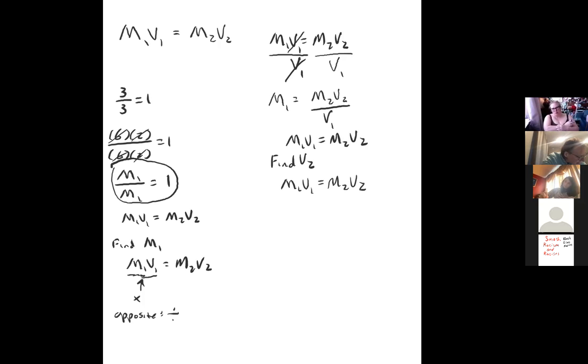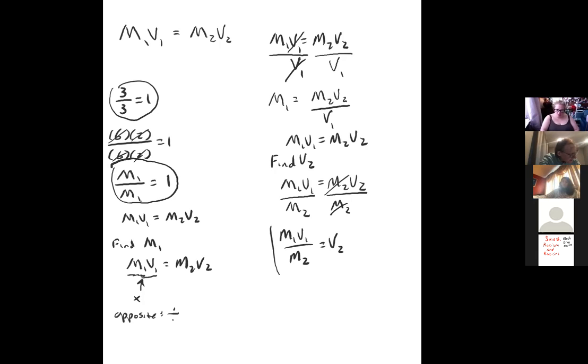It's multiplied by M2. So use this idea here. If I divide this side by M2, that gives me 1. But it's an algebraic equation, so we have to do the same thing to the other side in order to maintain the equation. So if we do that, we now have M1 V1 over M2 is equal to V2. And there you go. Okay.